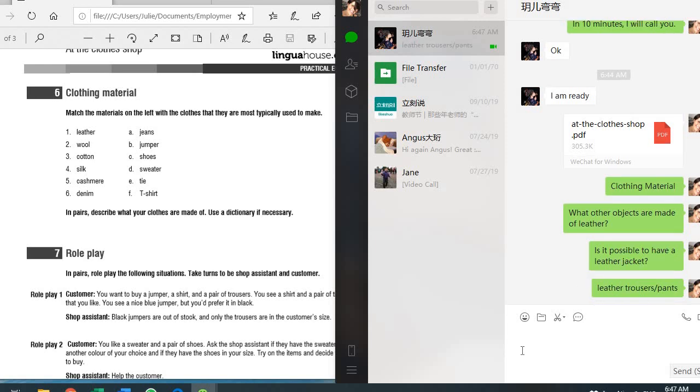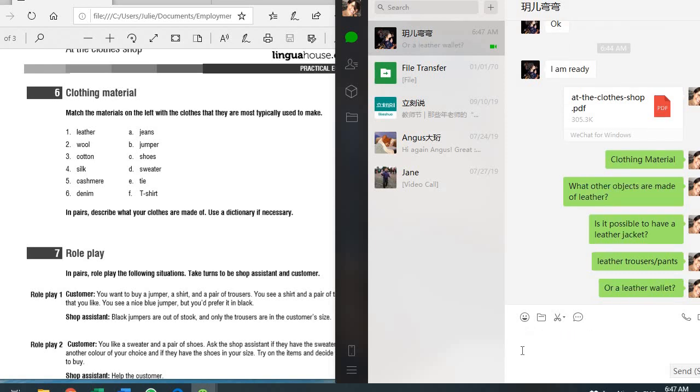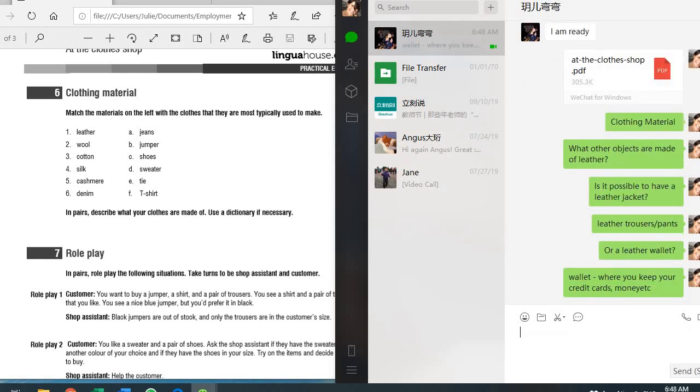Yes. Exactly. Is it possible to have a leather wallet? That is a package or the small bag. So a wallet is where you keep your credit cards, your money, your license, for example, right?